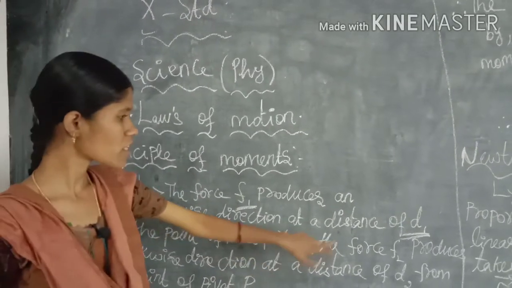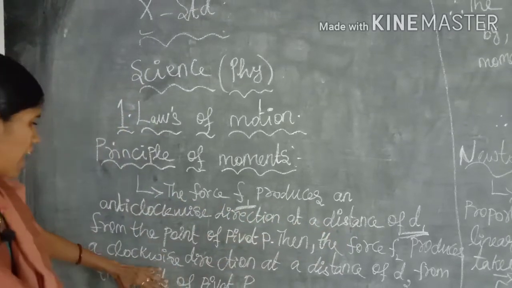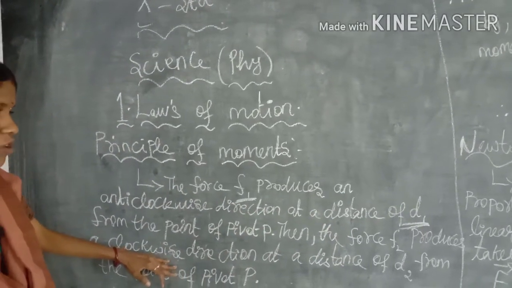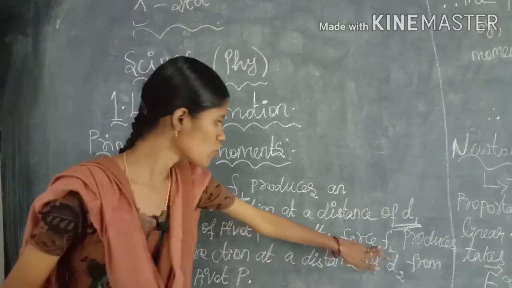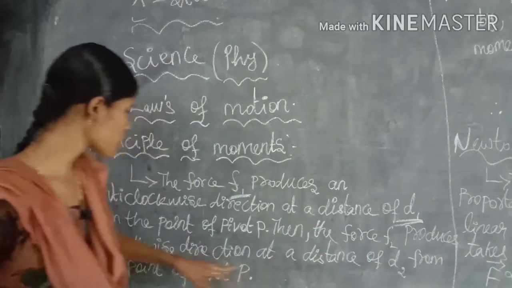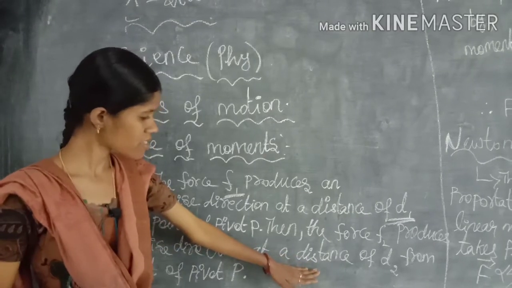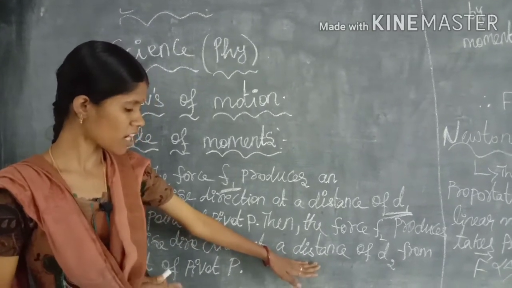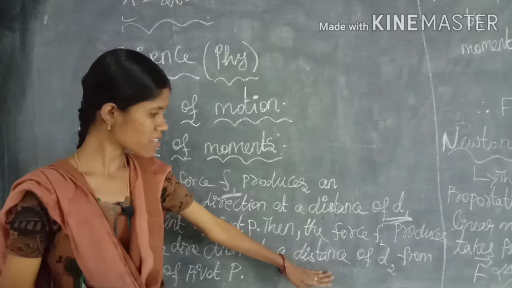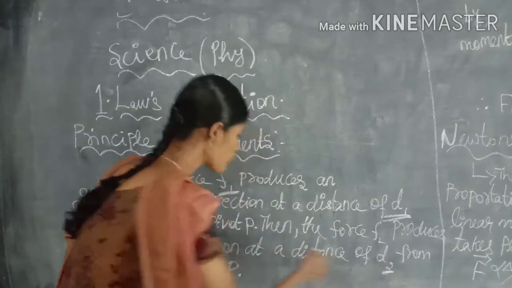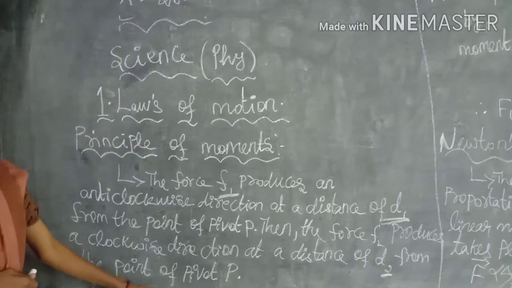Then the force acting in the clockwise direction is called F2, and it acts at a distance d2 from the pivot point, that is the center point.